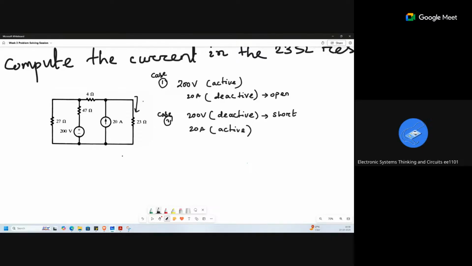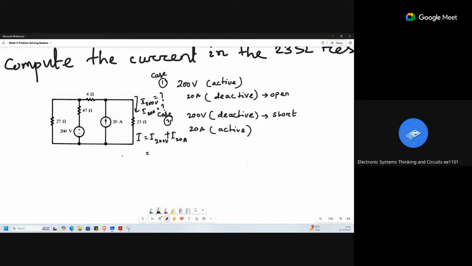Finally, you have to find the current due to the effect of 200 volt and the current due to the effect of 20 ampere. Then the final current will be I due to 200 volt plus I due to 20 ampere. This is nothing but the superposition principle.